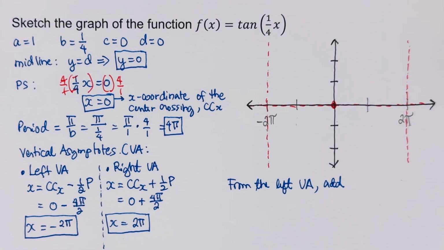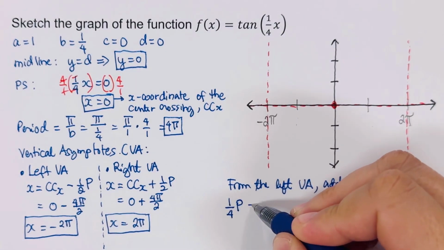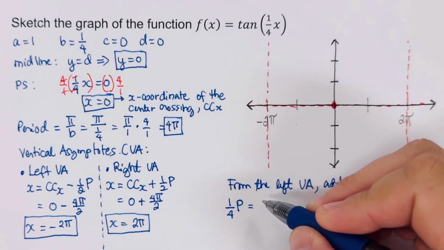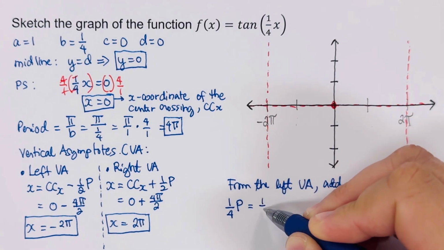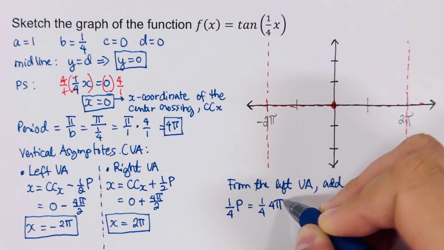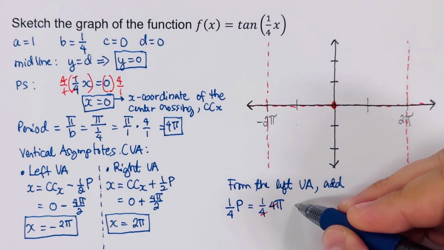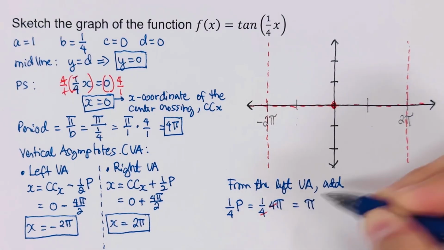In this case, our period is 4 pi. So 1/4 of 4 pi would be, cross out the 4 and 4, so we are going to add pi each time.